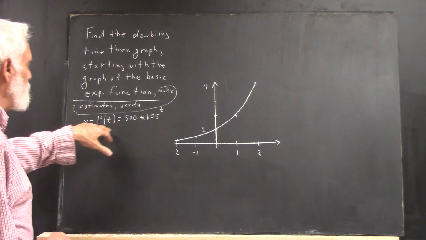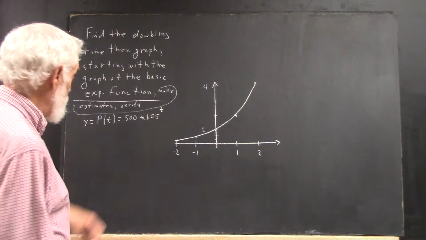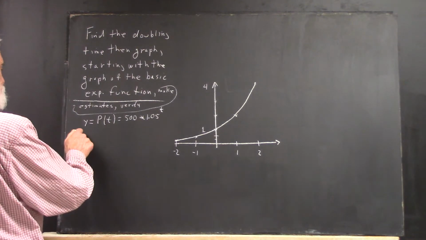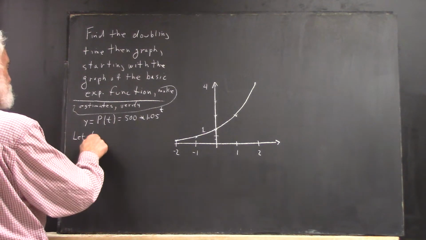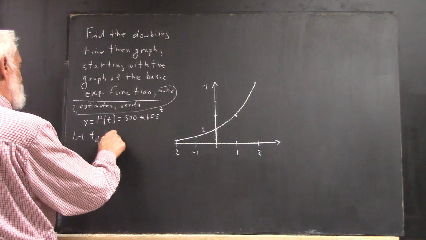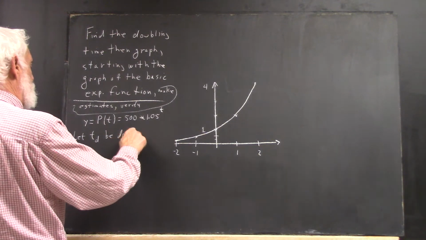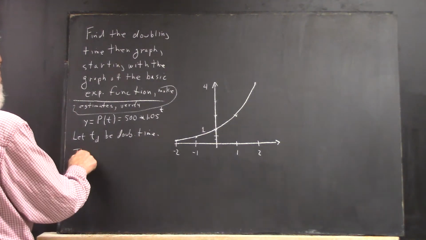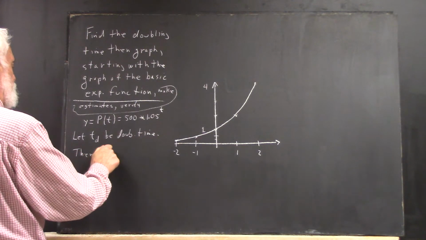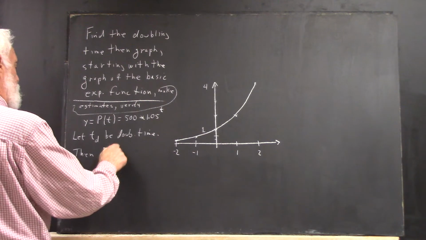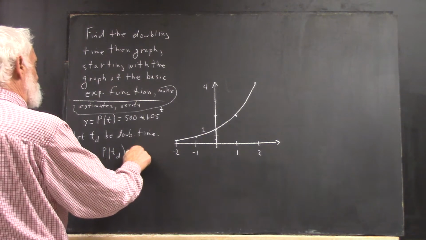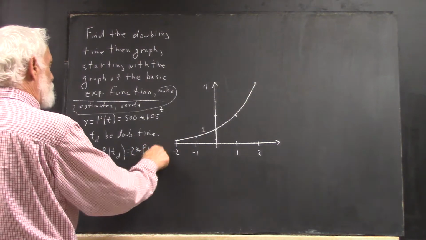Okay, so you've got y equals p of t equals 500 times 1.05 to the t. Doubling time. Then p of t sub d equals 2 times p of 0.